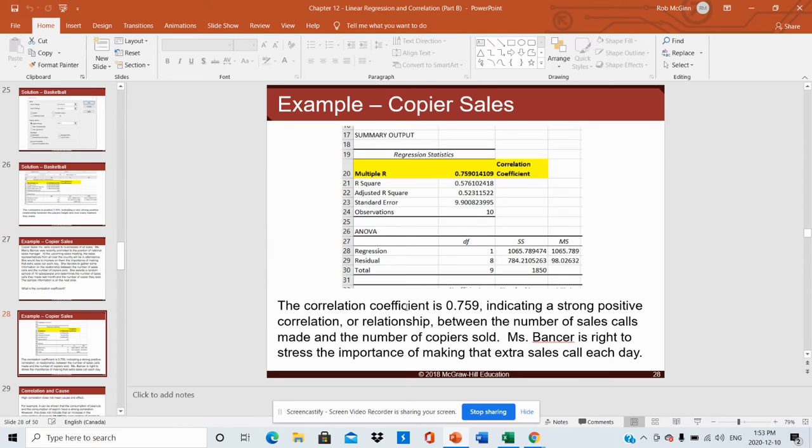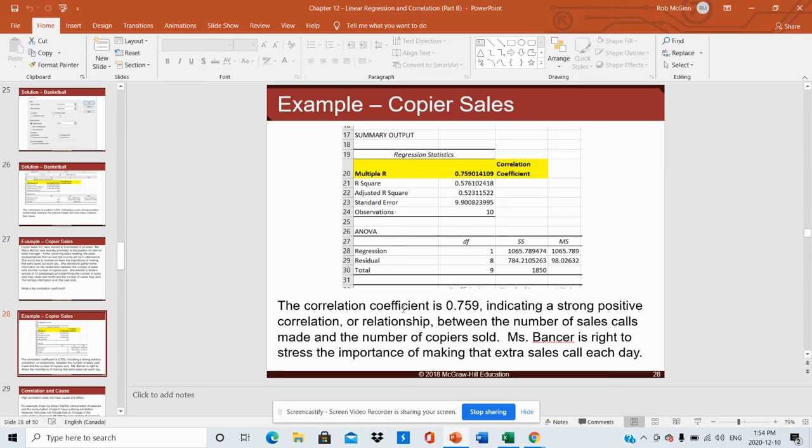So we can go to our summary output page for the regression analysis. Under regression statistics, multiple R, that's our correlation coefficient. So in this case, it's 0.759. So the correlation coefficient is 0.759, indicating a strong positive correlation or relationship between the number of sales calls made and the number of copiers sold.